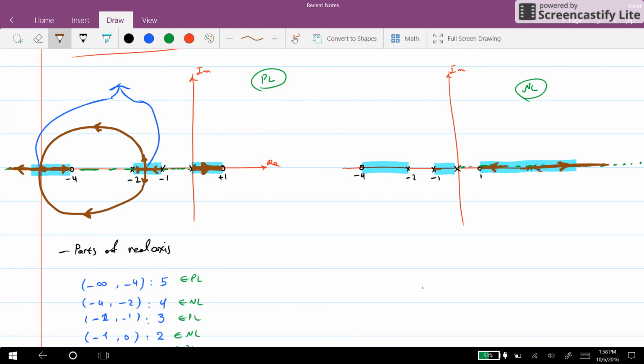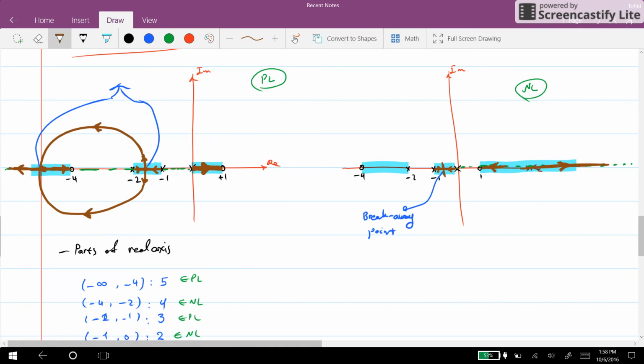We have 2 branches departing from the poles at 0 and at minus 1. They will come towards each other, and they will depart from the real axis at some point. So there should be a breakaway point here, between 0 and minus 1.